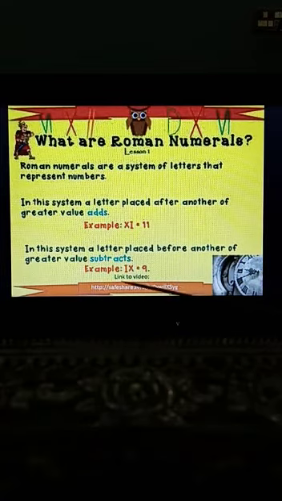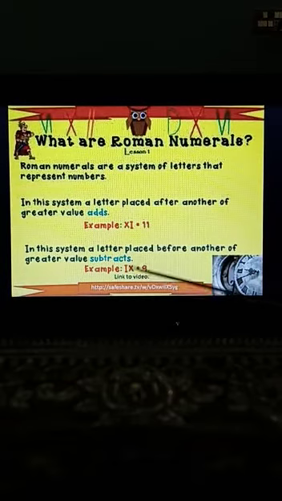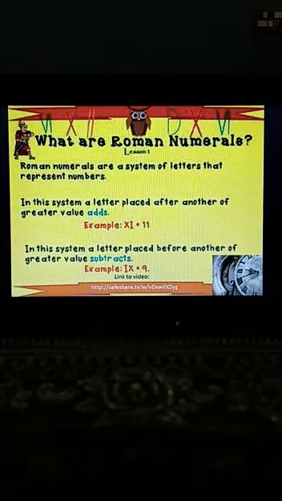In the next example, if 1 is written before 10, it's not 11, it becomes 9. So a number written after the greater number is added, and a number written before the greater number is subtracted.